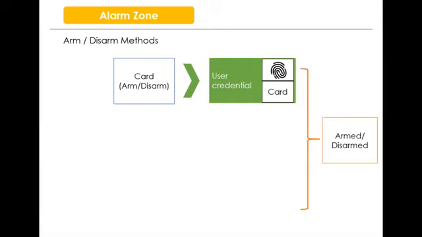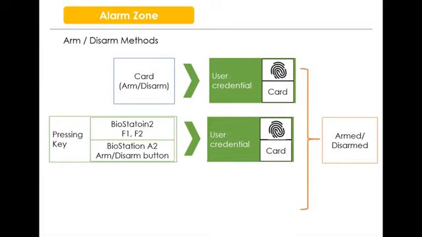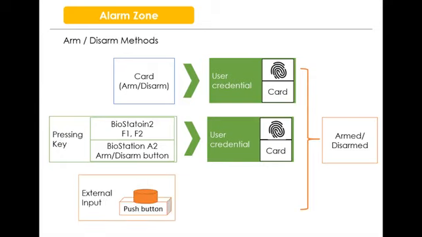The second option, for devices with a touchscreen, is to press the designated buttons such as F1 and F2 in BioStation 2 and A2 and then authenticate with user credential. The last option is to use the input signal of the device to arm and disarm the device. You could possibly connect it to another controller or button as required for your project.